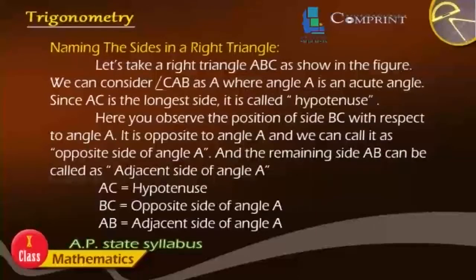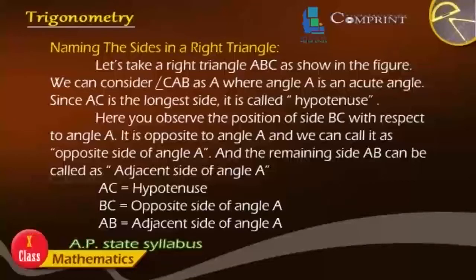Since AC is the longest side, it is called hypotenuse. Here, you observe the position of side BC with respect to angle A. It is opposite to angle A and we can call it the opposite side of angle A. And the remaining side AB can be called the adjacent side of angle A.